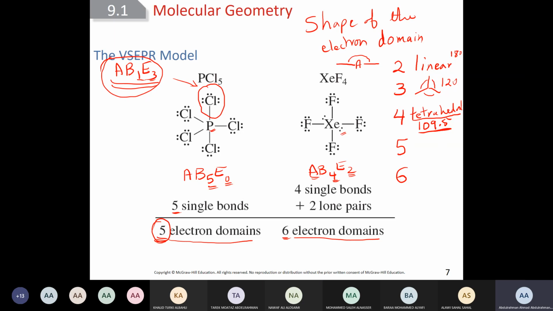Yes. Next, if we have 5, then the name is trigonal bipyramid. Memorize the name, trigonal bipyramid. Sometimes we refer to it as TBP.